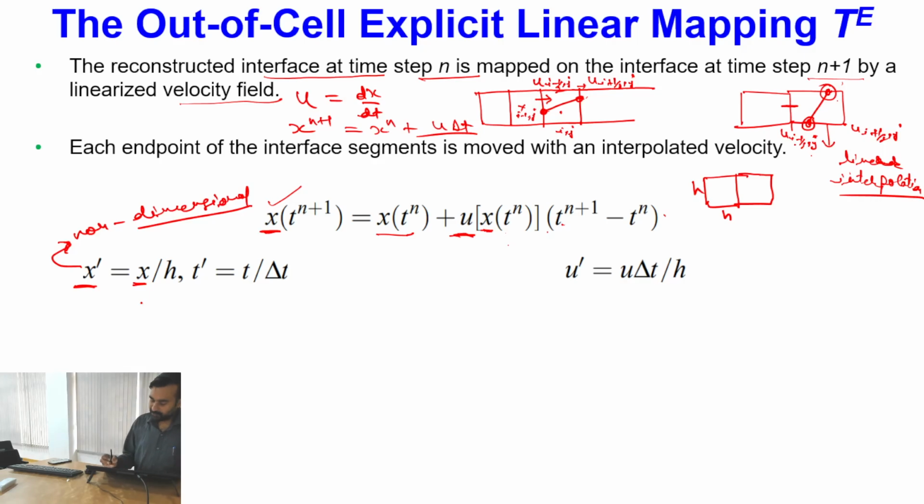In a similar way, I have defined delta t equal to t at n plus 1 minus t at n, and for time I have defined another variable, t dash, which is equal to t divided by delta t. Are all clear with this point? And in a similar way, I have defined a non-dimensional velocity field.